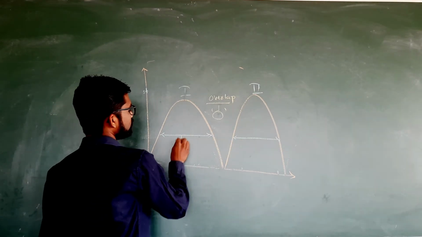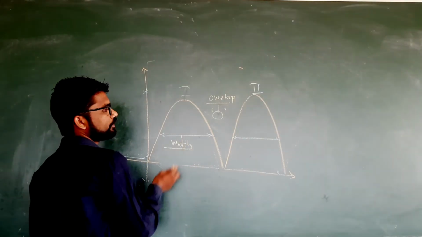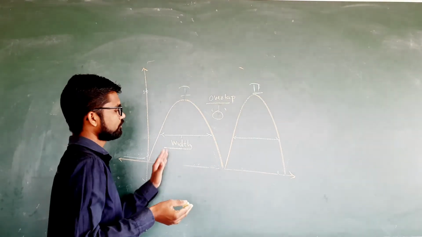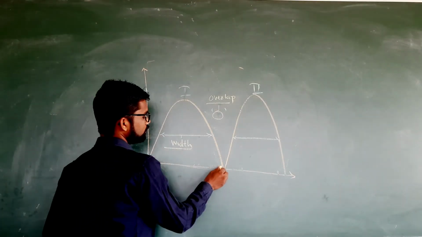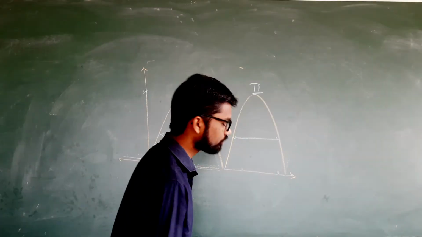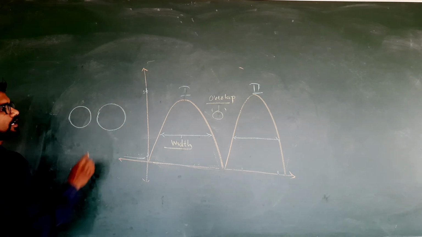So this is the width of that niche. In this case there is no overlap, so in another way we can draw this as this.